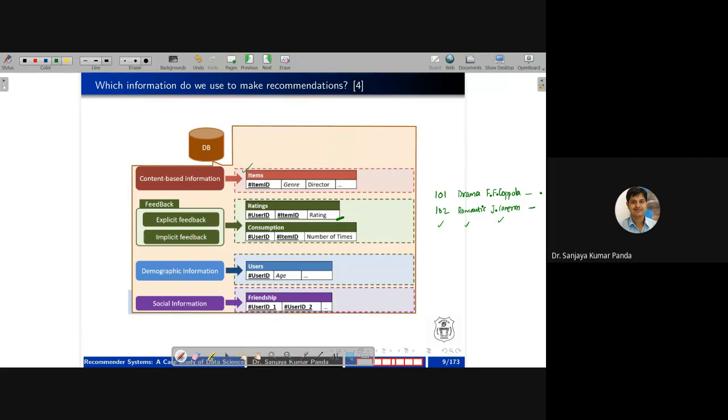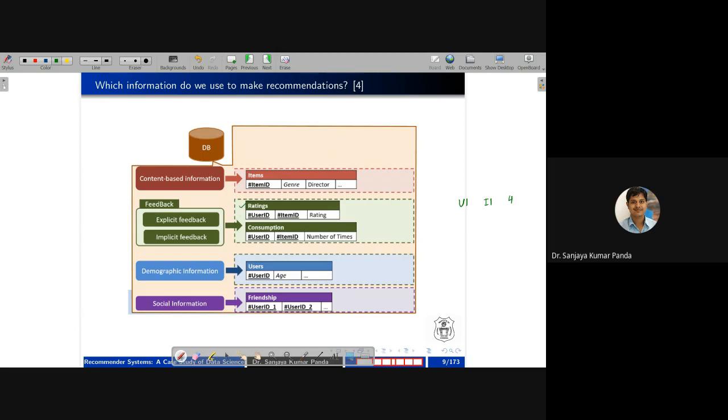Now coming to feedback. In the feedback case, we have seen different types of feedback like explicit feedback and implicit feedback. So a user generally gives a rating to a particular item. Like user U1 purchased item I1 and rated that item as 4 out of 5.